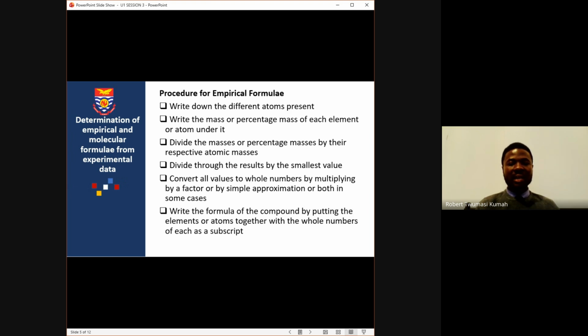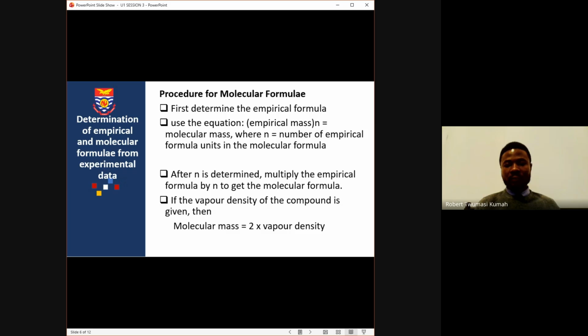Then you write the formula of the compound by putting the elements or atoms together with the whole numbers of each as a subscript. Then from there, you can proceed to determine the molecular formula. So once you know the empirical formula, you use the equation (empirical formula) times n equals molecular formula.